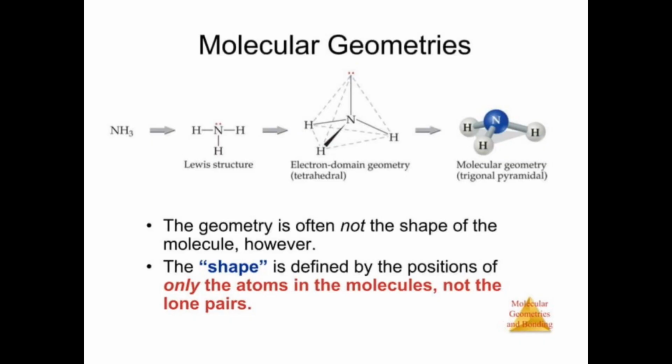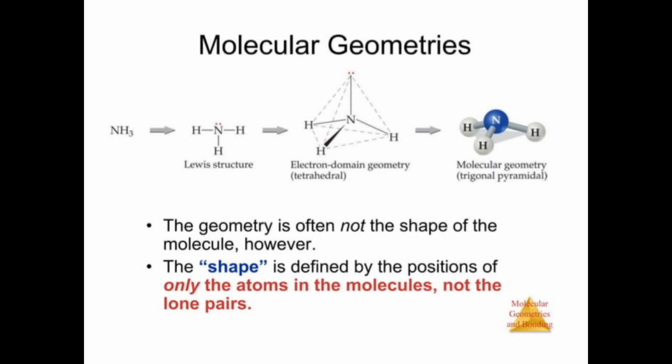So in this case, you have the shape, which is the molecular geometry. When we consider the position of the atoms alone surrounding the central atom, you are going to have the shape to be trigonal pyramidal.